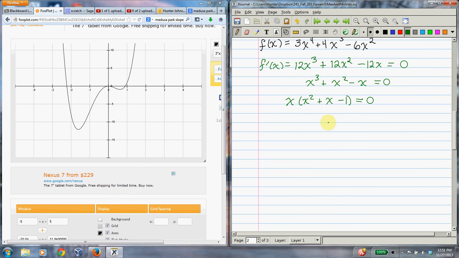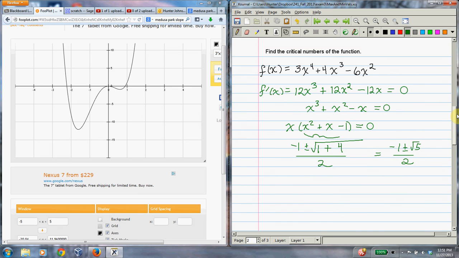I can't think of any, so let's use the quadratic formula on this part. So we'll do minus b plus or minus the square root of b squared minus 4ac divided by 2a. So we have minus 1 plus or minus root 5 over 2.